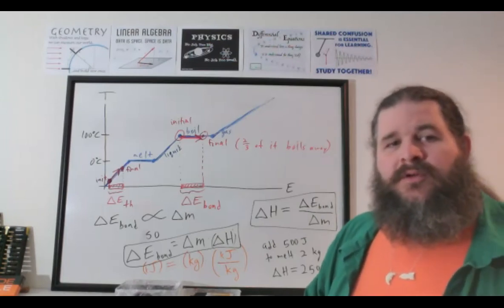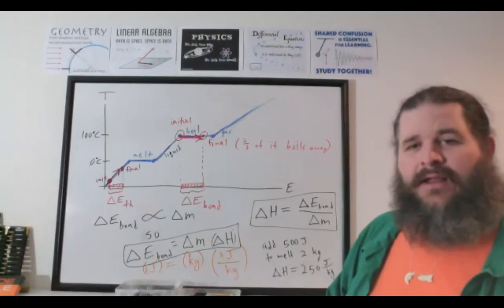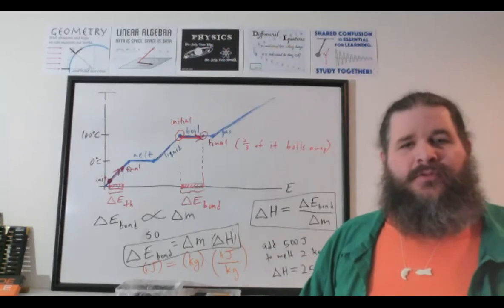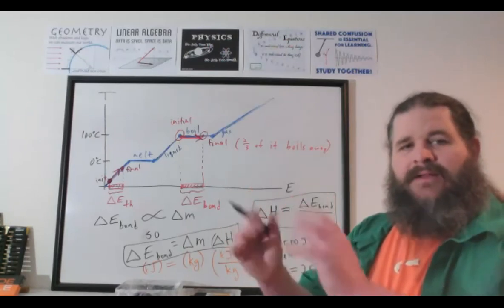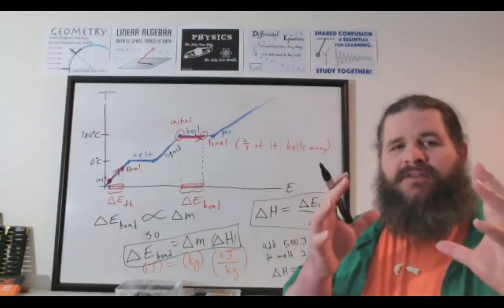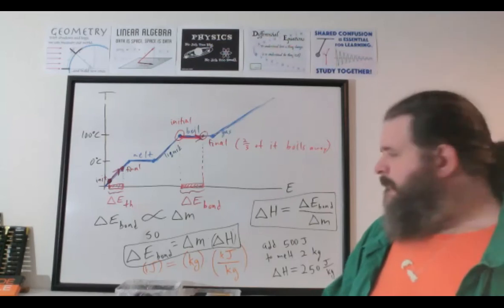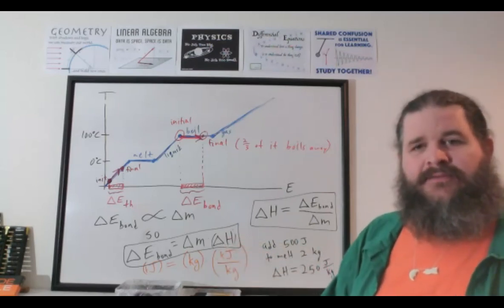Specific heat is more to do with temperature, but it's another property of the substance that we're going to look into later as well. But in general, this delta H depends on what type of substance we're dealing with. For example, if you have 5 kilograms of ice that you want to melt, and also 5 kilograms of iron that you want to melt, those are going to cost very different amounts of energy. So delta H is a property of the material the object is made of.